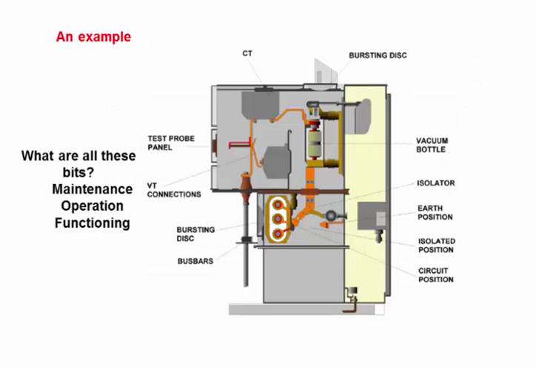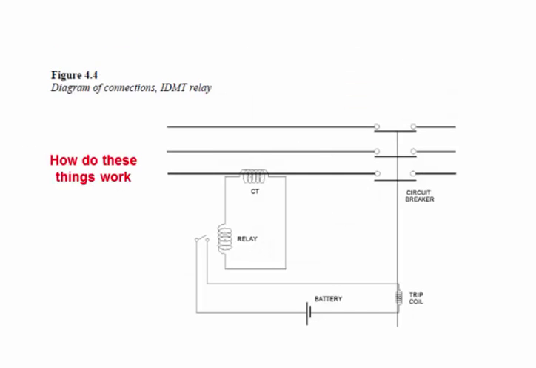Okay, guys, so here's a little example that you need to be aware of if you are a plant engineer. This is a little diagram of all the bits and pieces, maintenance and operation functions. So you need to be aware of what, for instance, a vacuum bottle is, what the isolator is, what the bus bars are. If this is all in the electrical field, you need to be aware and exposed to these categories.